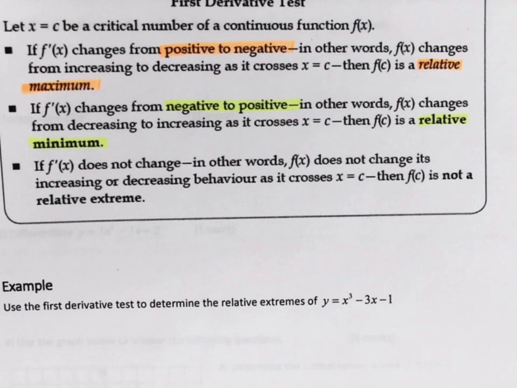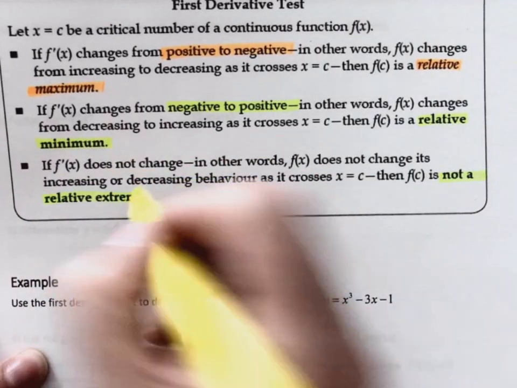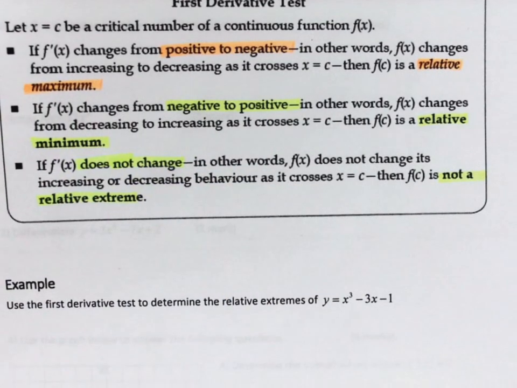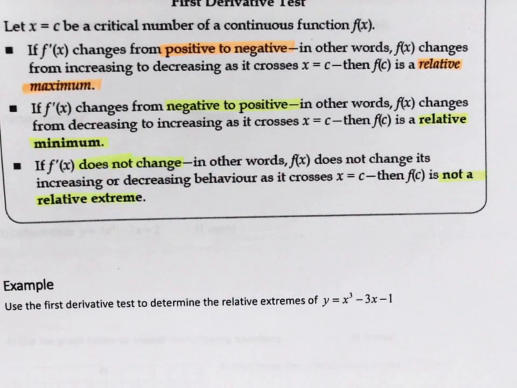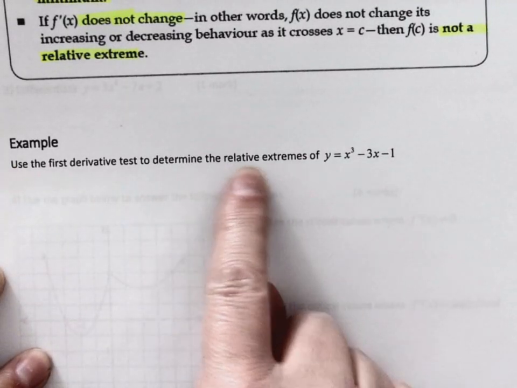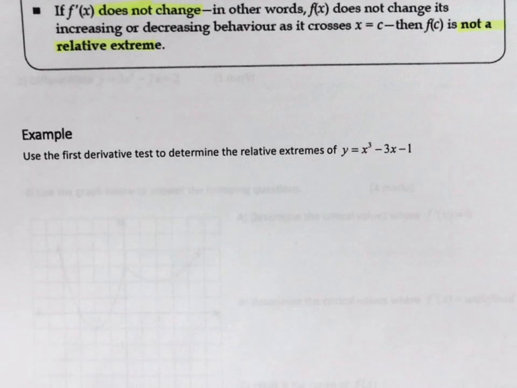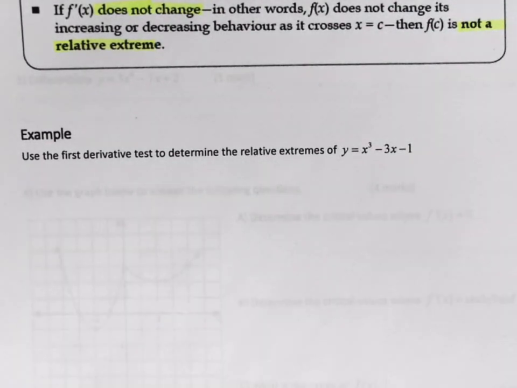It's not that critical value. It's unlikely that happens, but sometimes it does, so just so you know. Okay, use the first derivative test to determine the relative extremes of this particular function. Step 1, find the derivative and solve for our critical values.